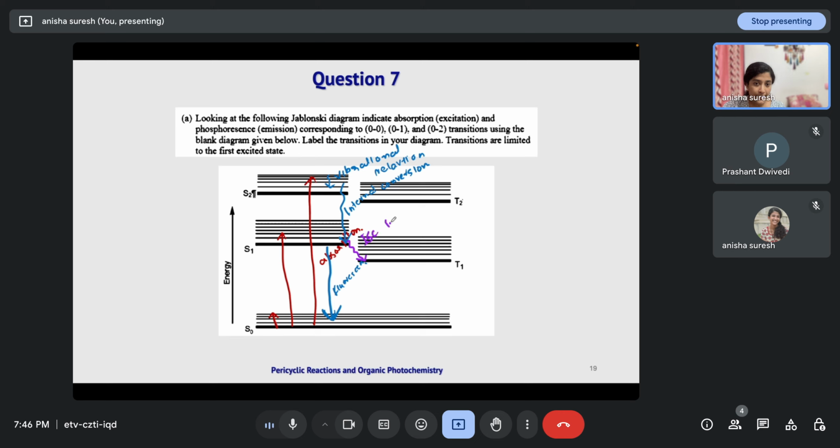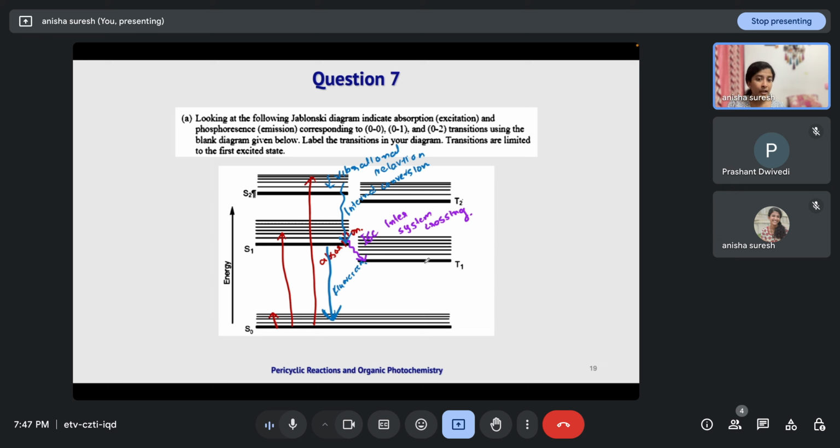ISC, intersystem crossing. So this is actually a spin forbidden process, as it is going from the singlet state to the T1 state, but because of some vibrational relaxation this is happening.